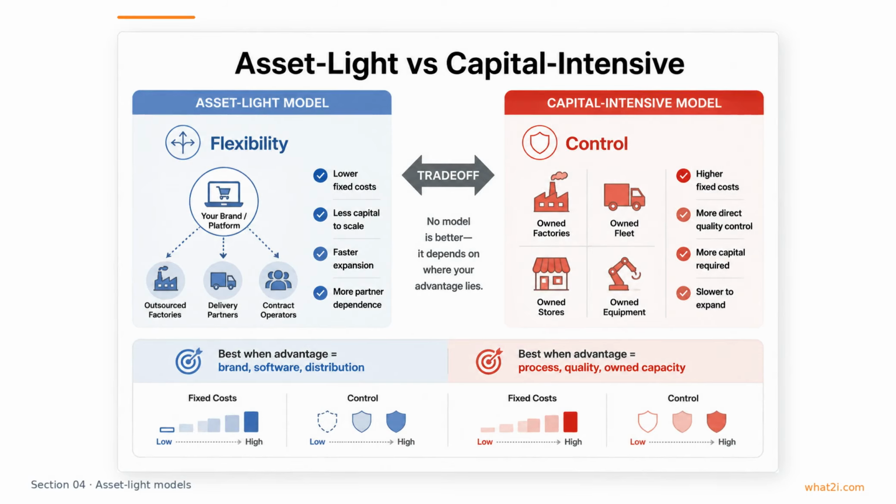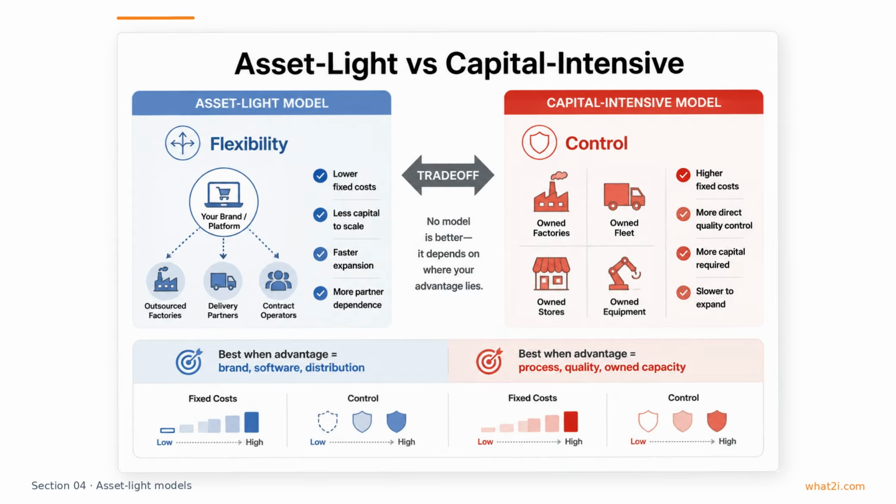The basic trade-off is flexibility versus control. Capital-intensive businesses usually carry higher fixed costs, but they may also have tighter control over quality, timing, and operations because they own the core assets. Asset-light businesses need less capital to expand and may move faster into new markets. However, they become more dependent on external partners for execution.